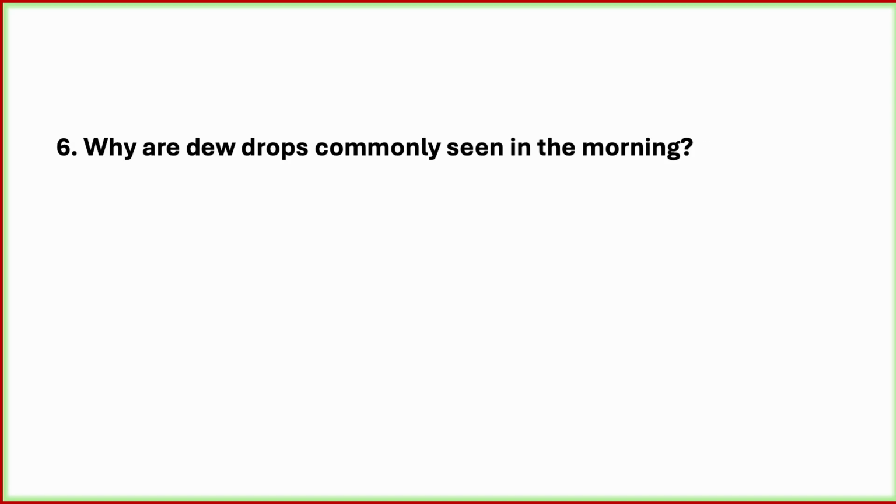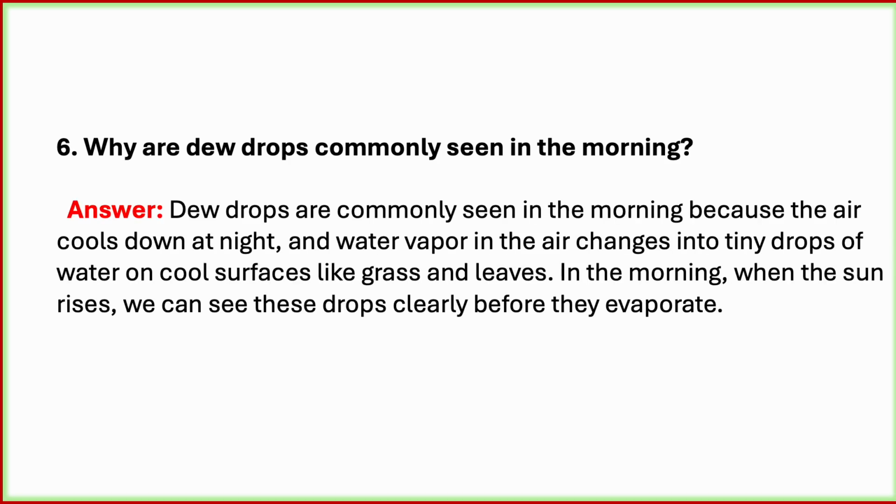Why are dewdrops commonly seen in the morning? Dewdrops are commonly seen in the morning because the air cools down at night and water vapor in the air changes into tiny drops of water on cool surfaces like grass and leaves. In the morning, when the sun rises, we can see these drops clearly before they evaporate.